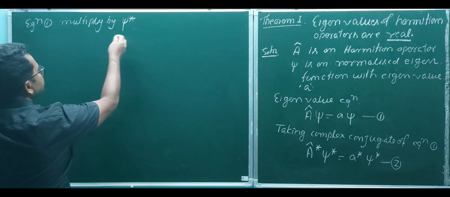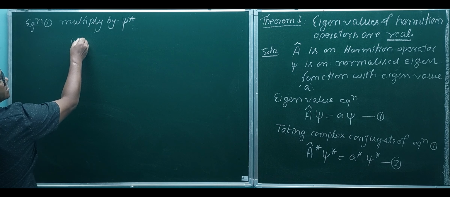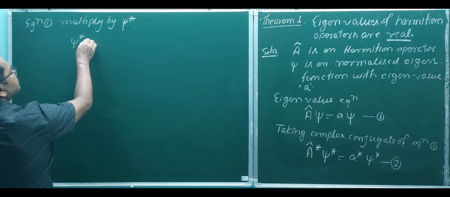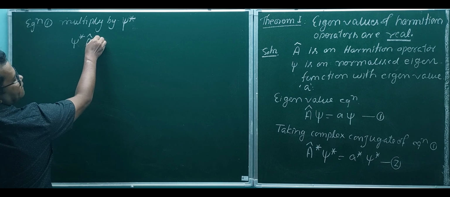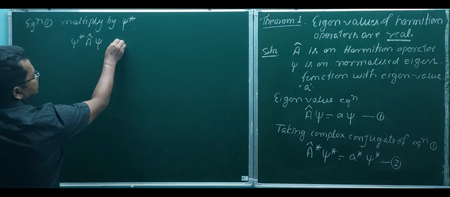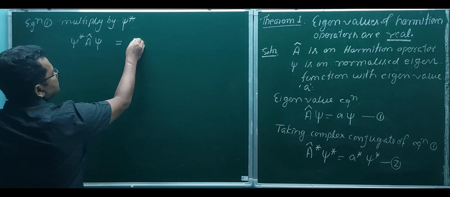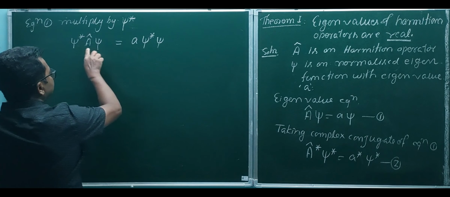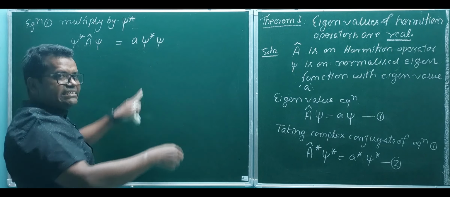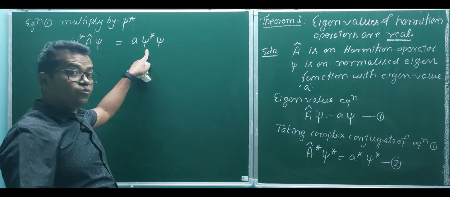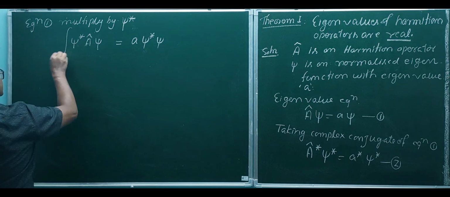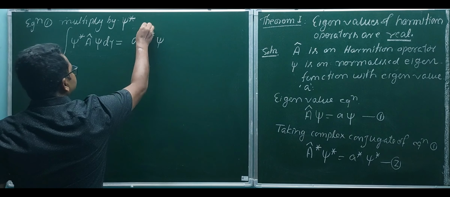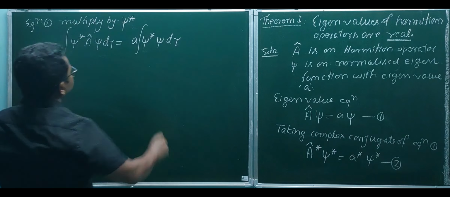Equation 1 multiplied by psi star: psi star, the complex conjugate of psi, A cap psi equal to a, which is a constant, times psi star psi. Now integrate it over the whole space, d tau, with the constant quantity a.